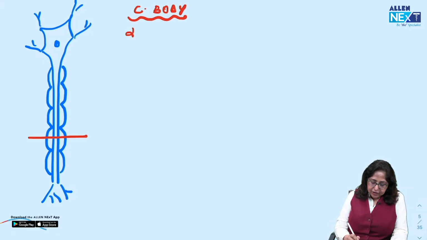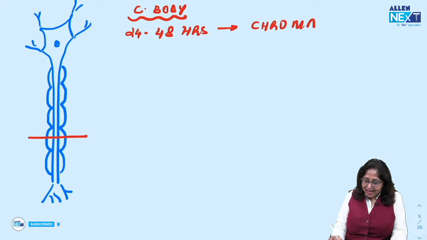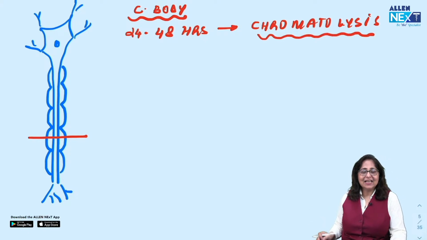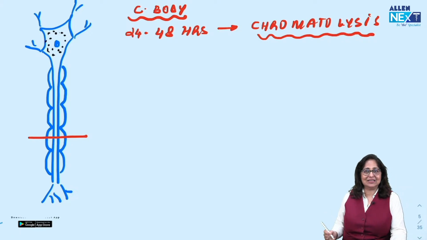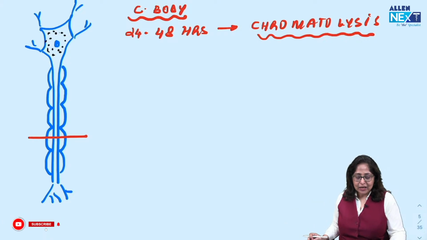Within the first 24 to 48 hours after the injury, we find what is known as chromatolysis. What is chromatolysis? Now remember, in the cell body, you have what are known as Nissl's granules. Nissl's granules are nothing but ribosomes and mRNA.